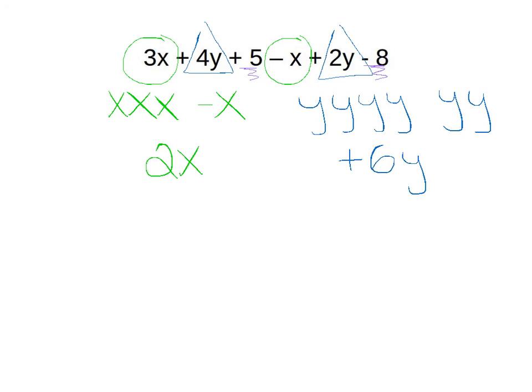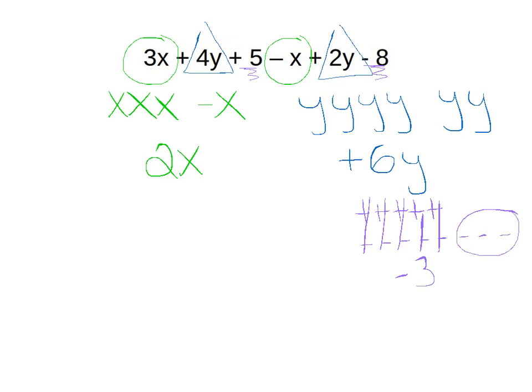Last, we can combine our constants. We have 5 positives and 8 negatives. Our positives and our negatives will cancel, and we'll be left with 3 negatives, or negative 3.